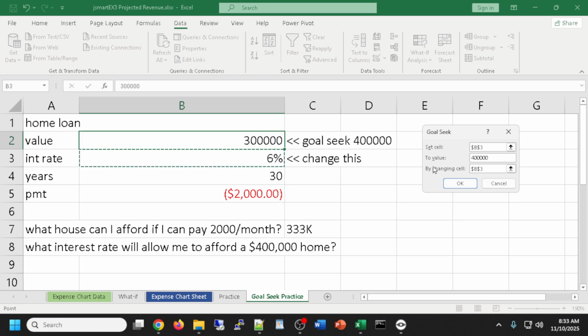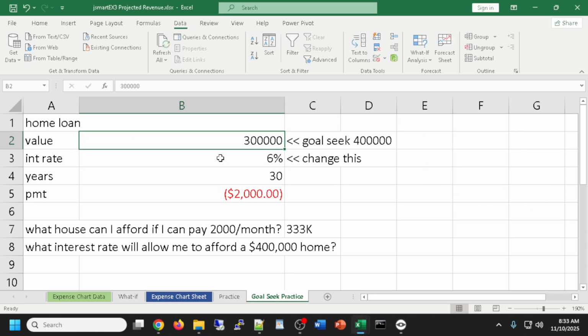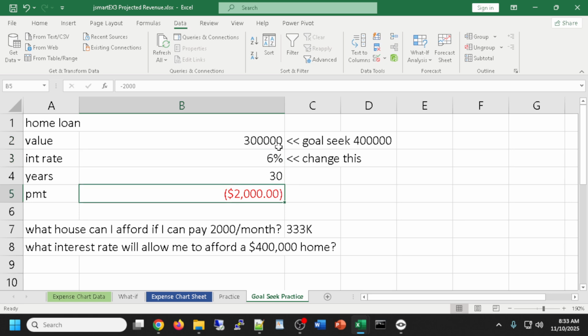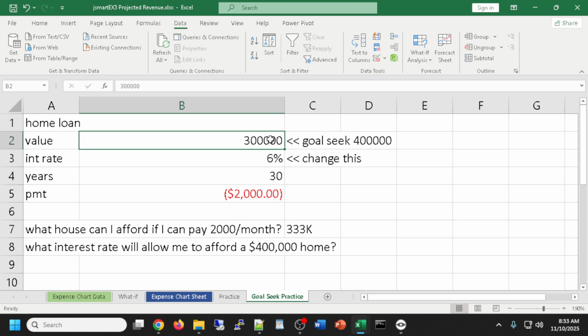That has a formula. What did I do wrong? Wait a minute. I want to change the interest rate. Oh, maybe I did this wrong. I want to afford a $400,000 home. I did this wrong. Sorry.